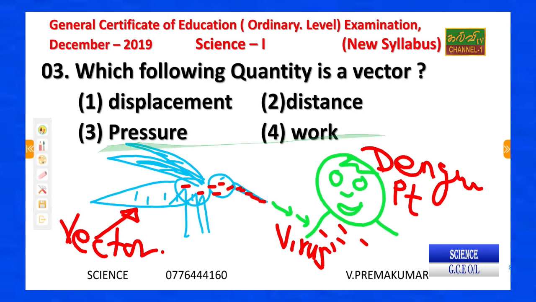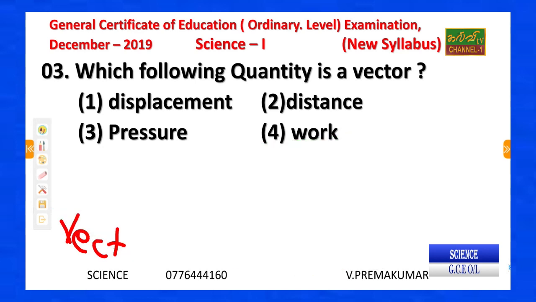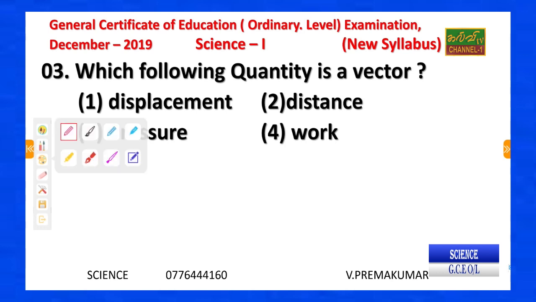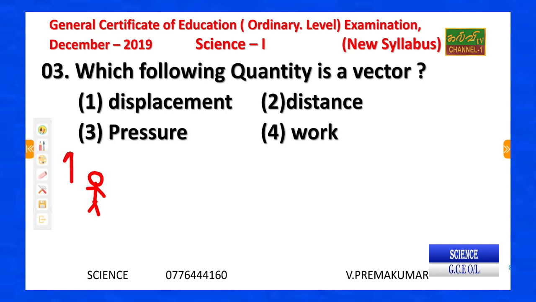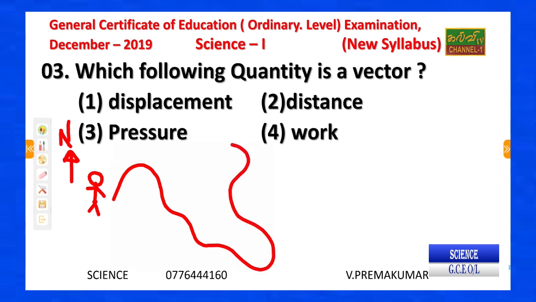So now think about this matter. Vector quantity means it has something additional. Say displacement. Say one person is here. So this is north. He is moving from here to there. The shortest distance between the initial point and the final point is called displacement, right? This is say 20 meters.